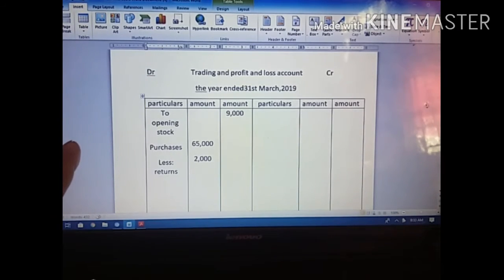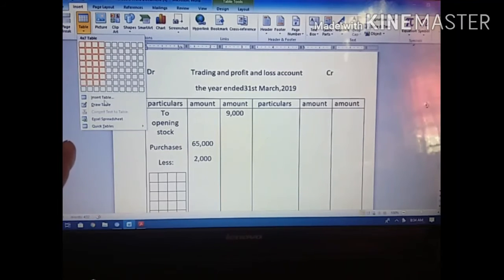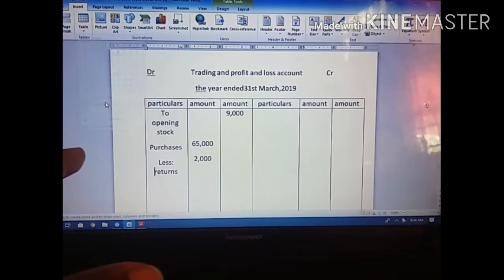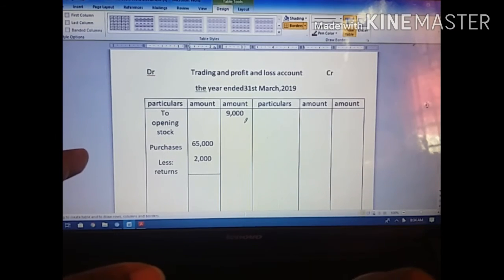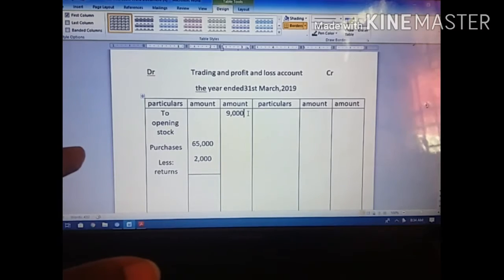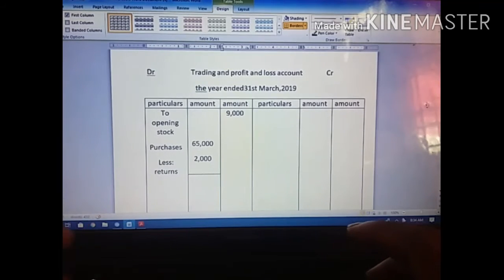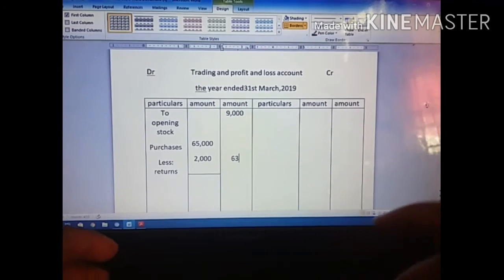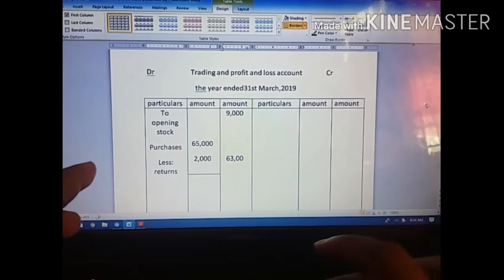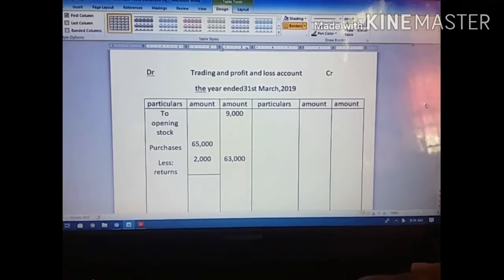Likewise, you have to draw the line after entering the amount in the inner column, like this, then you have to post the amount on the outer column. So 65,000 minus 2,000, we are getting 63,000. After adjusting the returns, we have to post the main value on the outer column.